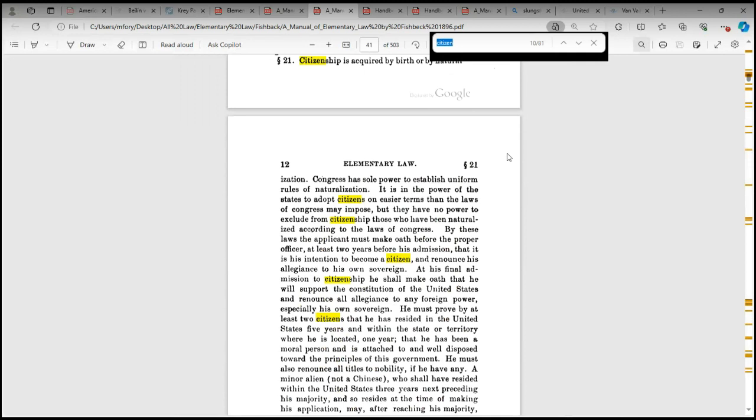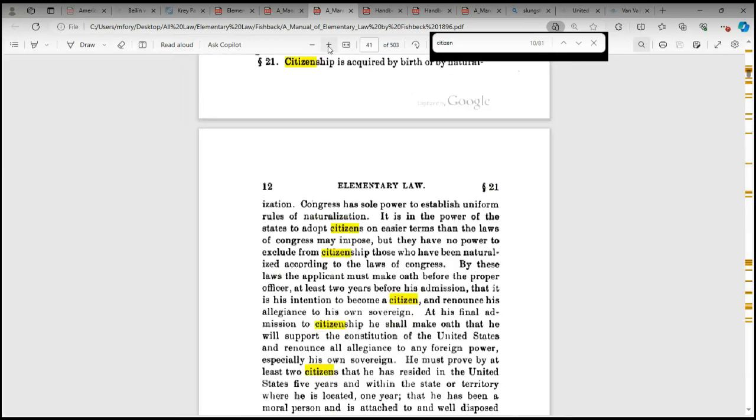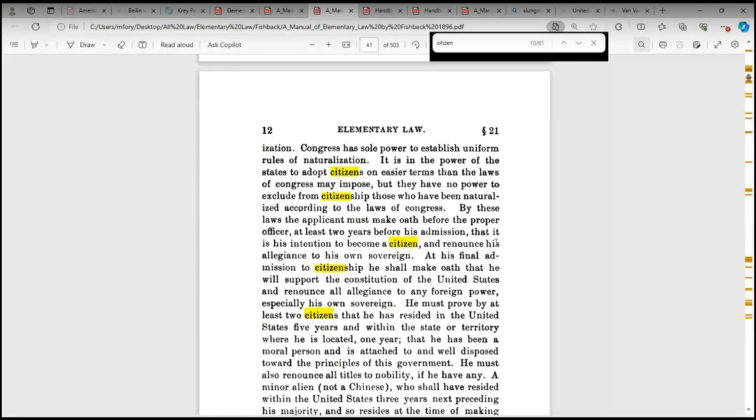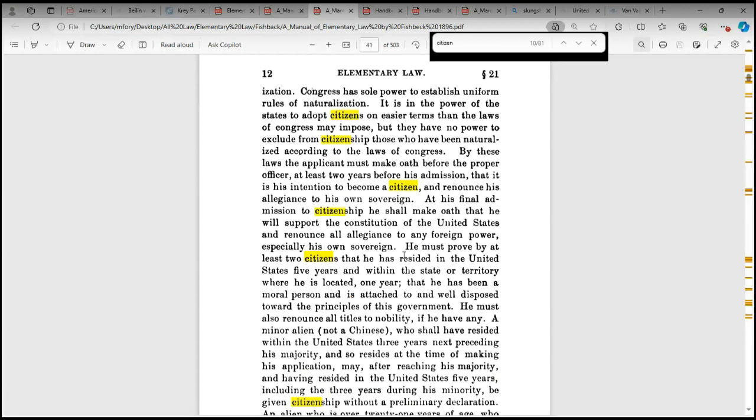Congress. By these laws, the applicant must make oath before the proper officer at least 2 years before his admission that it is his intention to become a citizen and renounce his allegiance to his own sovereign.